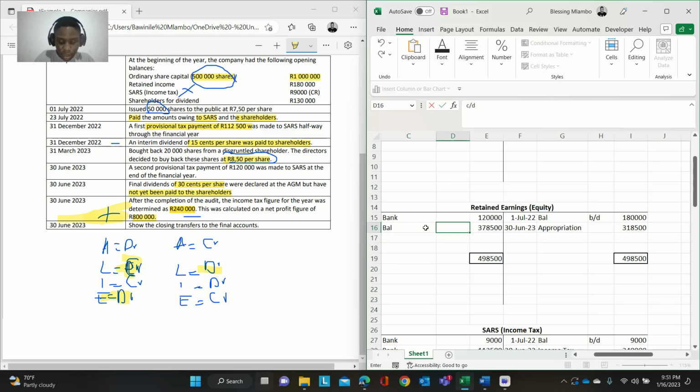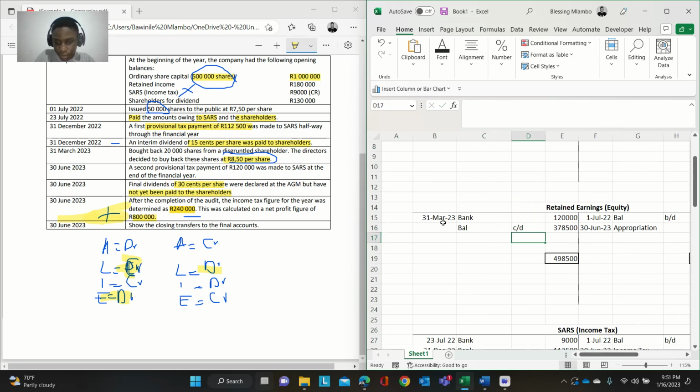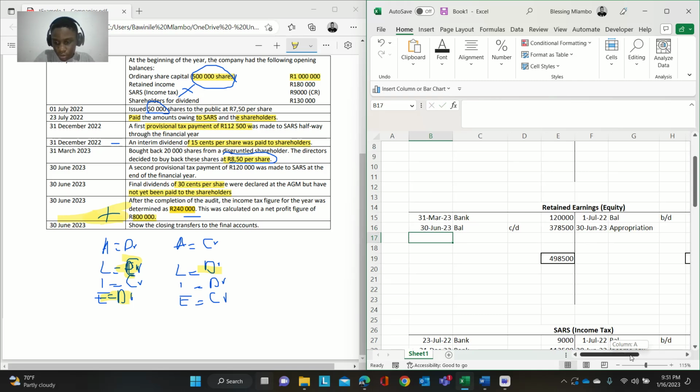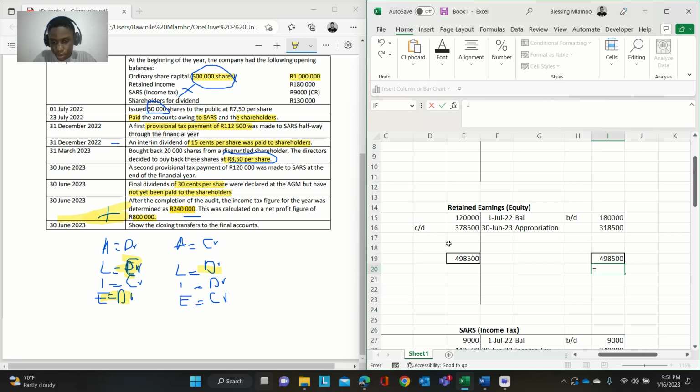So balance carried down at the end of the financial year, June 2023, and we also have the opening balance brought down for the next financial year, the 1st of July 2023. So we're basically done with all our journal entries.